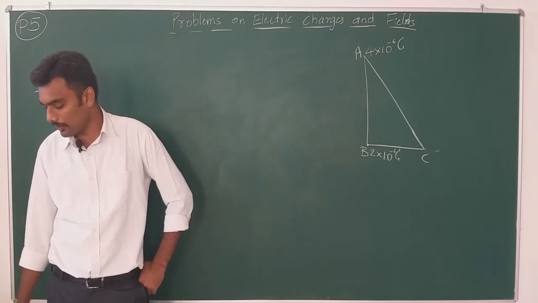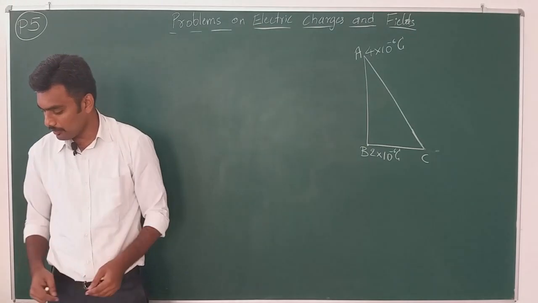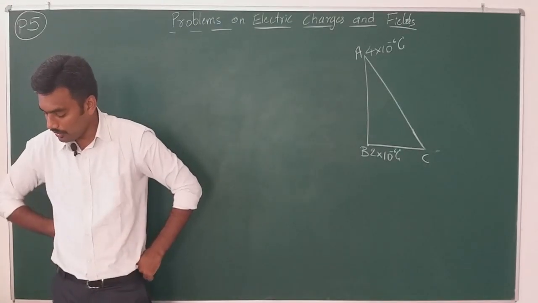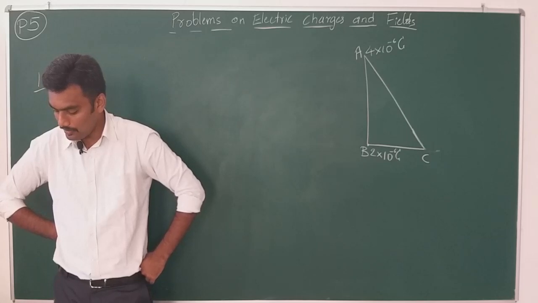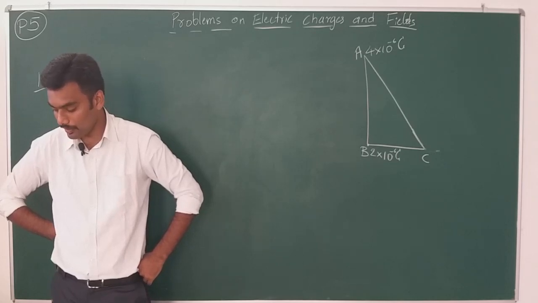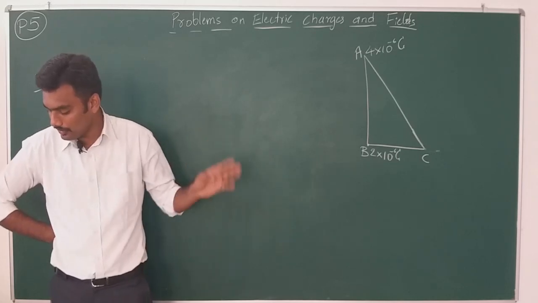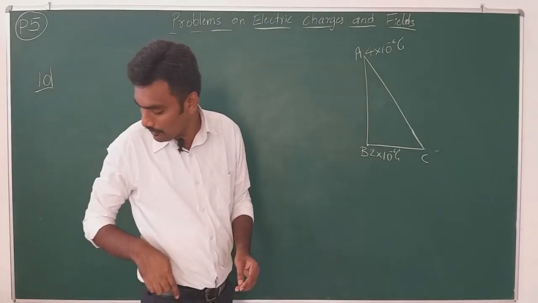Let me continue the question. AB is equal to root 3 into 10 to the power of minus 2 meter. AC is equal to 2 into 10 to the power of minus 2 meter, and BC is equal to 1 into 10 to the power of minus 2 meter. So, the lengths of the sides of this triangle are given.